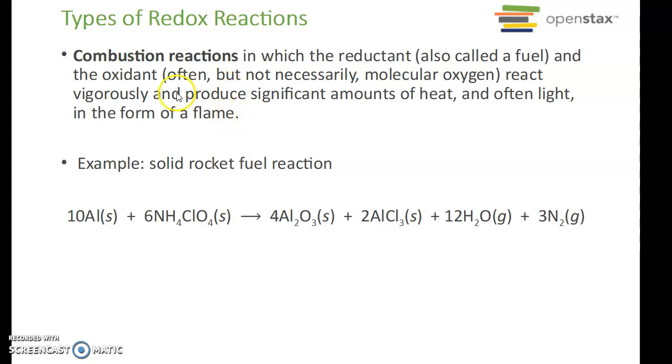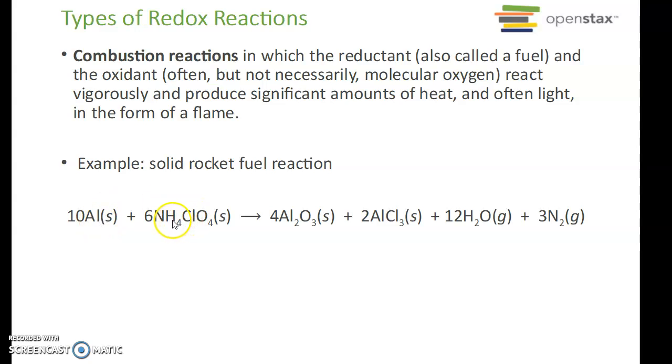Combustion reactions, we talked about those already. The reductant, also called the fuel, and the oxidant, often but not necessarily molecular oxygen, react to produce steady amounts of heat, often light in the form of flame. Solid fuel reaction: here we've got something that's not a carbon material, but it's aluminum.